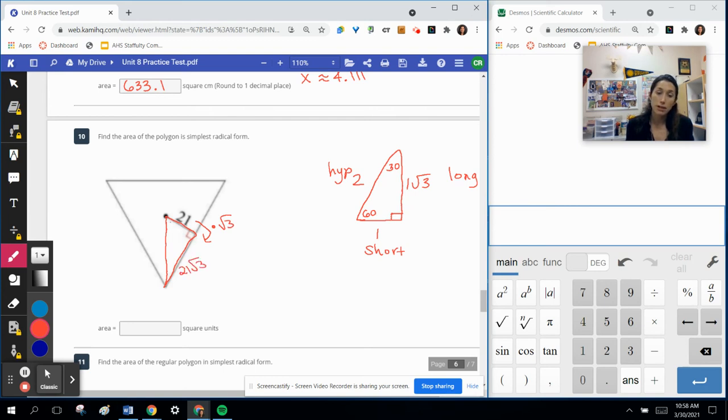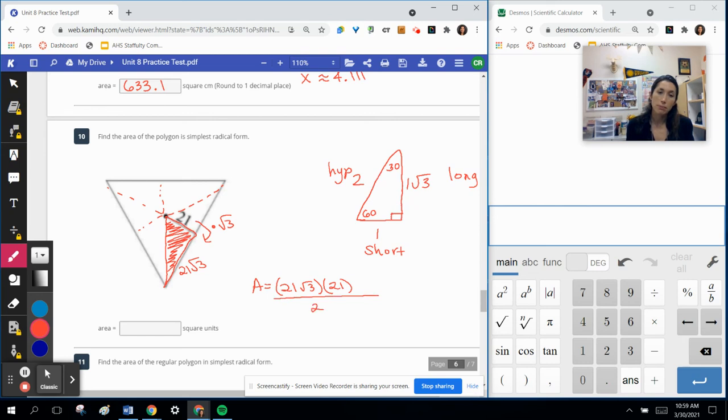Okay, so now I'm going to find the area of this one little triangle here. And then I would say, okay, well, I've got 2 of those triangles on each side. I can essentially fit 6 of those triangles in total to my shape. So my area is the base, 21 root 3, times the height, 21, divided by 2.